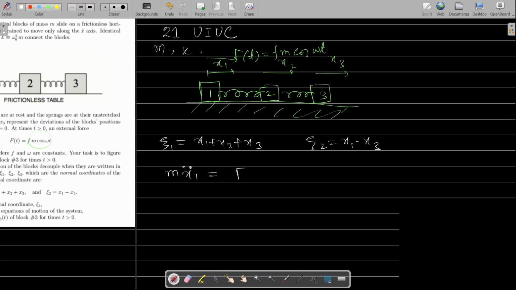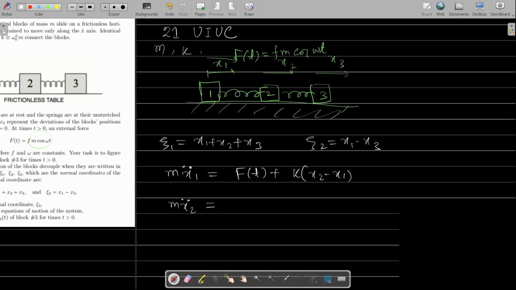Those are F(t), and as the spring connecting mass 1 and 2 is stretched by x2 minus x1, we have a force in the positive x direction of k(x2 minus x1). Now if we consider mass 2, its equation of motion is given by this.